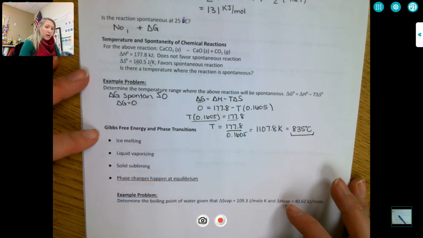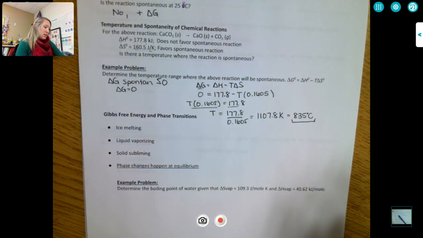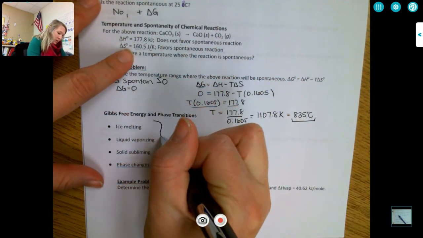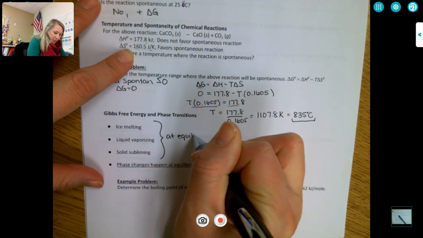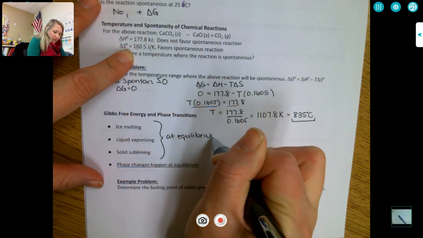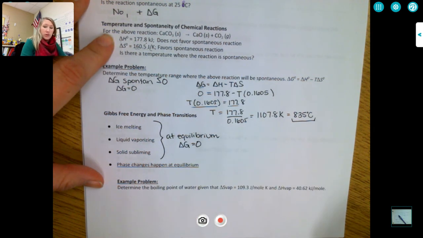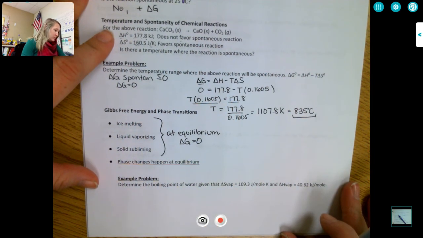All right, what about phase transitions? Well, we know that phase transitions are always at equilibrium. That means at a phase change, my delta G is equal to 0, because phase changes happen at equilibrium.